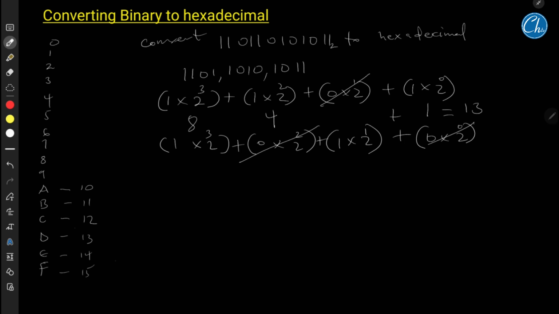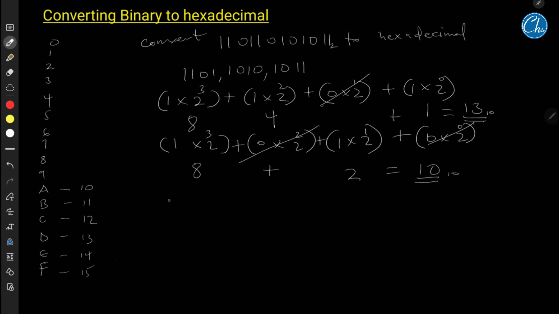All right, 2 raised to the power 1 is the same number, 2 times 1 is 2. Now 2 raised to the power 3 is 8, 8 times 1 is 8. Now if we add this, we are going to get 10, right? So this is 10 base 10.